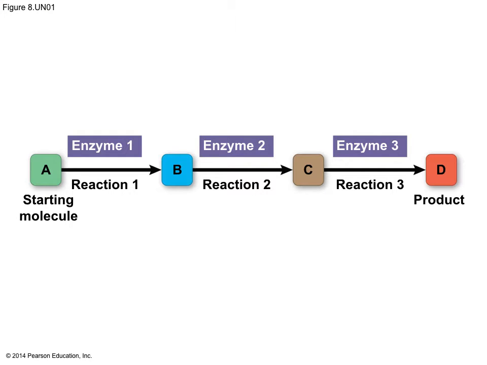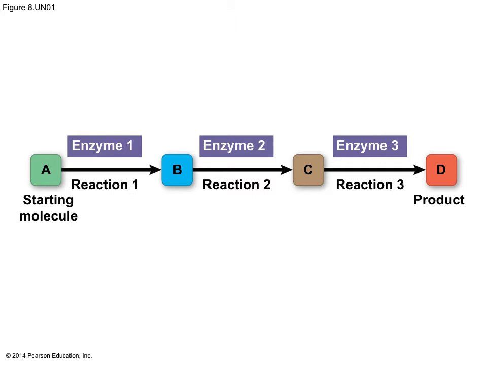For example, if you start with reactant A, a particular enzyme will allow that particular reaction to undergo and create an intermediate product, B, through that particular enzyme.